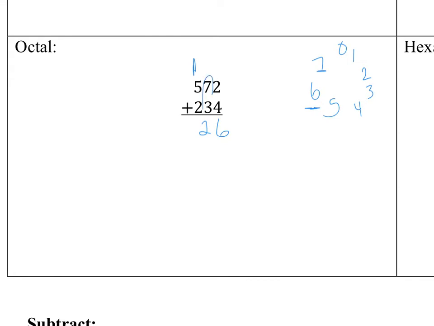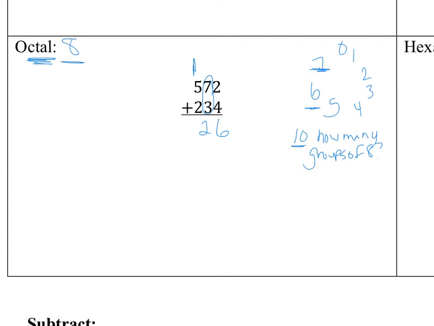Anytime you have something here that's bigger than our base, octal's base 8, so it's bigger than 7 here, you say to yourself, okay, I'm going to look at the number 10. How many groups of 8 do I have in 10?